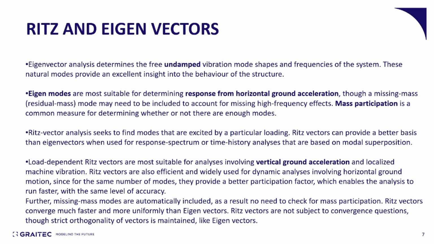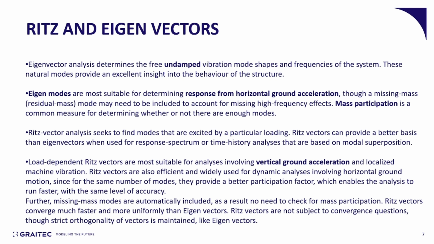Mass participation is a common measure to determine whether or not there are enough modes. It's basically the rule we explained in the previous slide. The Ritz vector analysis, on the other hand, seeks to find modes that are excited by a particular load. Ritz vectors can provide a better basis than eigenvectors when used for response spectrum or time history analysis that are based on modal superposition.